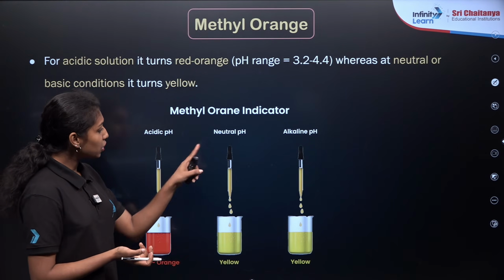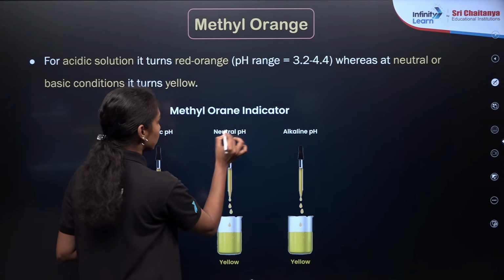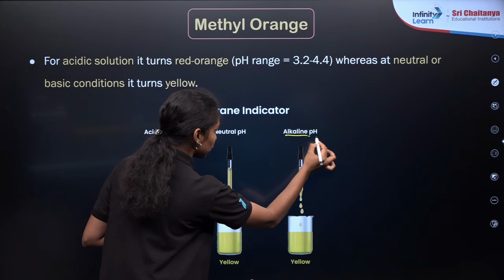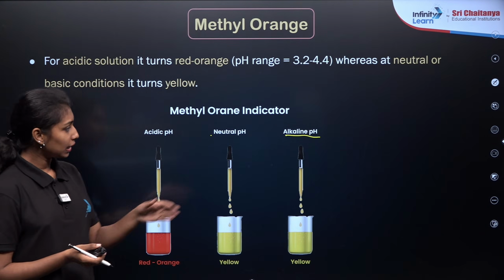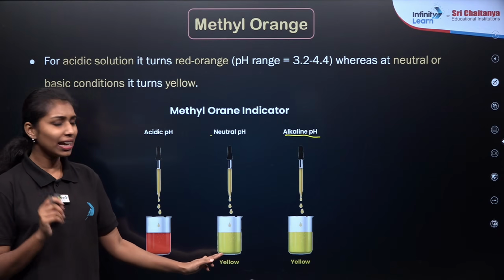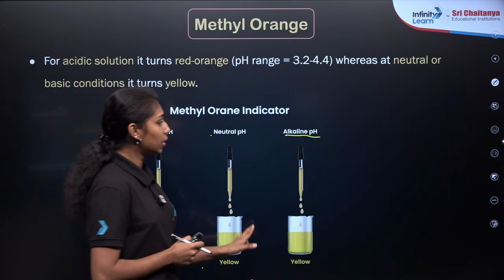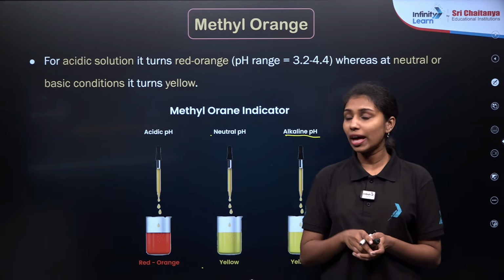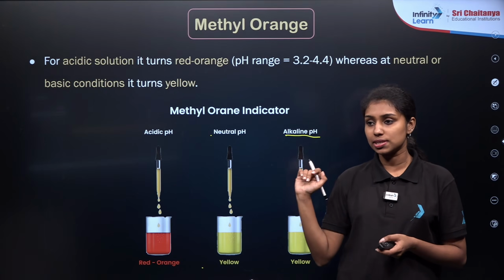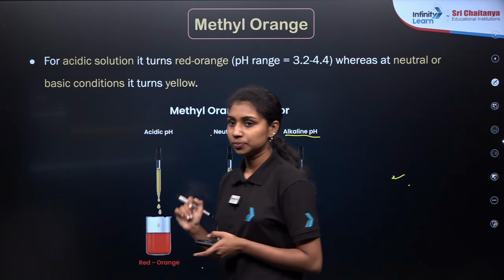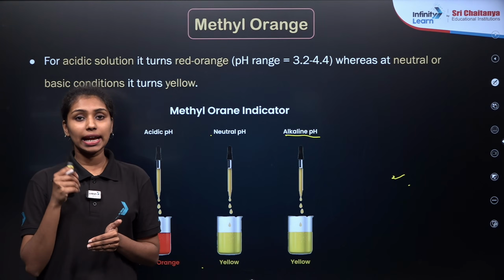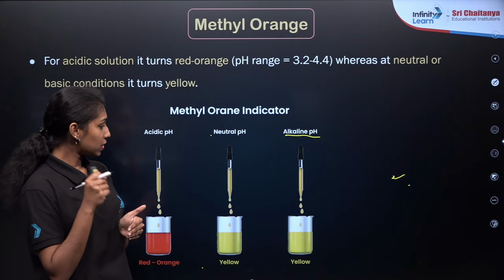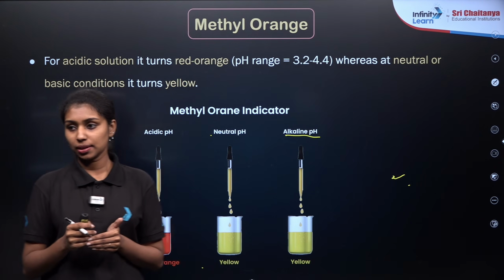Then if you are adding it to a basic solution, it will turn to a deep yellow color, right? And generally, if you are using a neutral pH also, it will have a light yellow color. So this is the color difference of methyl orange in the presence of acid, base and neutral solutions. Is that clear? So based on the color difference, we can identify methyl orange as an indicator for acid and base.